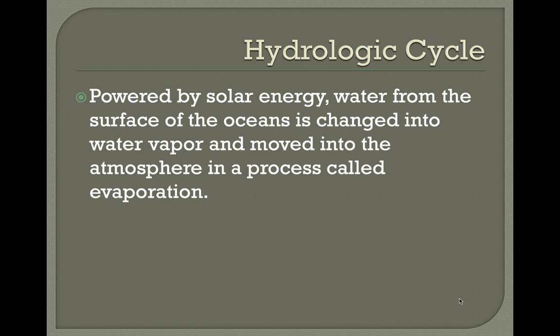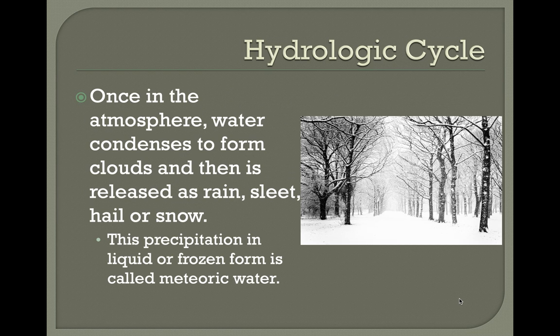So in this hydrologic cycle, water from the surface of the ocean and other types of water is moved into the atmosphere through evaporation, and will eventually come back down to the Earth's surface. Once it's in the atmosphere, it's going to condense, it's going to form clouds, and then those clouds are going to cause it to be released.